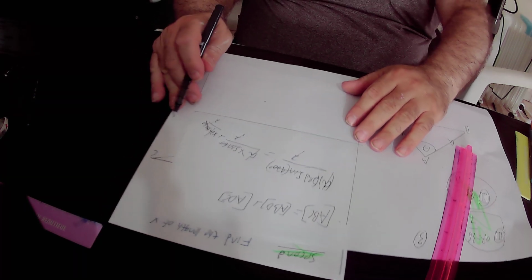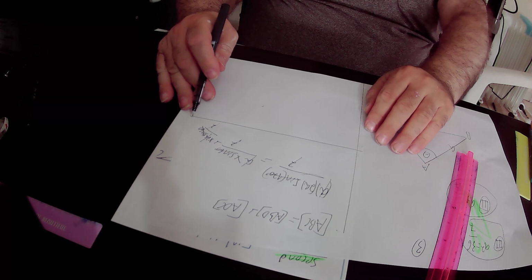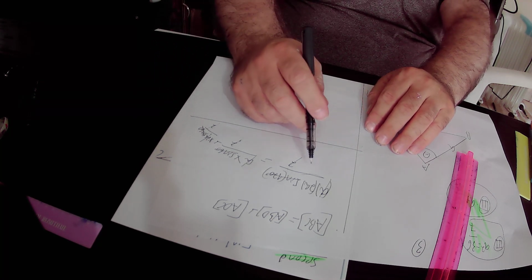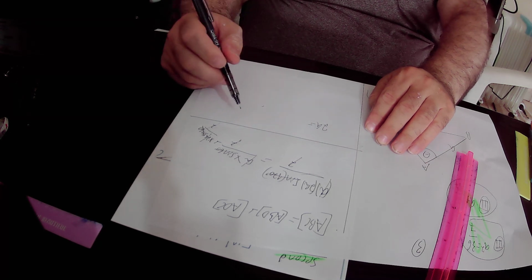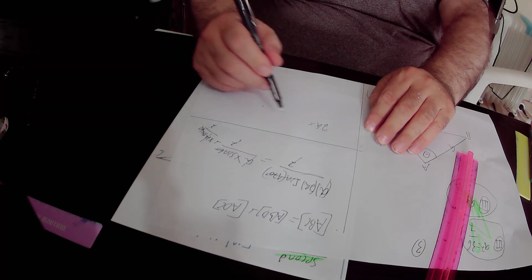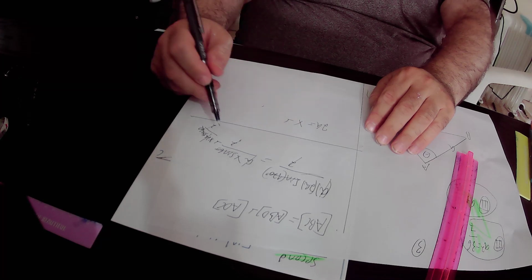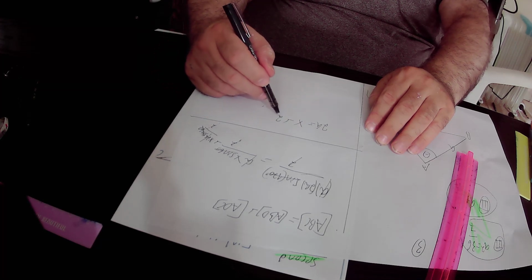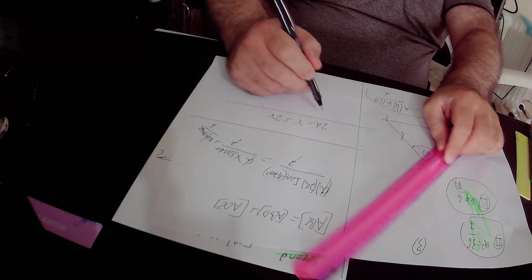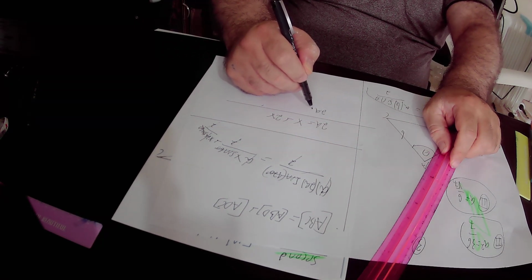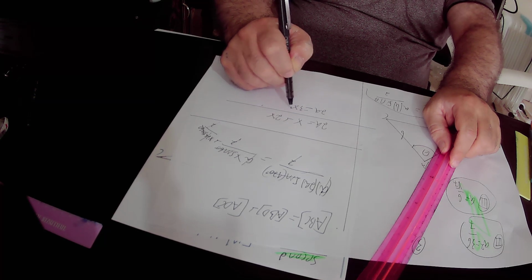What is left is that on this side of the equation we have 2a, which is equal to x plus 2x. So 2a equals x plus 2x, that is 3x.